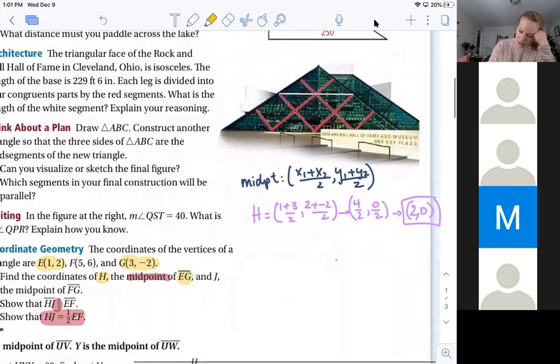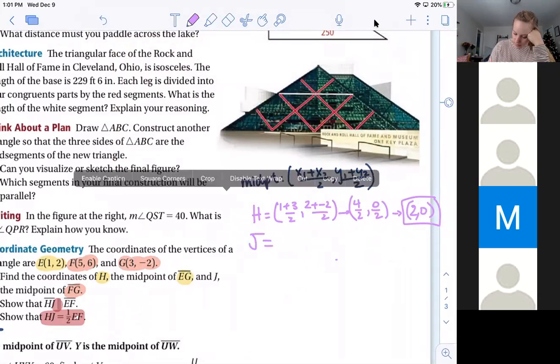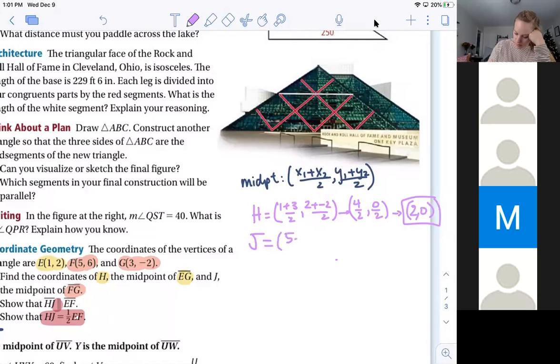Now I have to find J, which is the midpoint of FG. So now I'm using F and G to find J. The x's are 5 and 3, and my y's are 6 and -2.